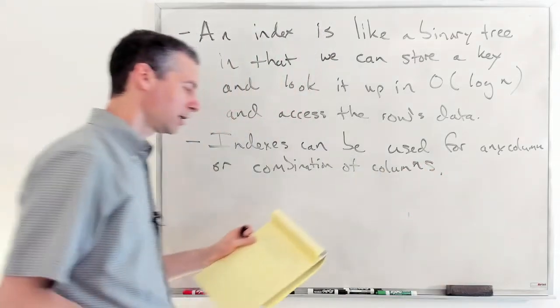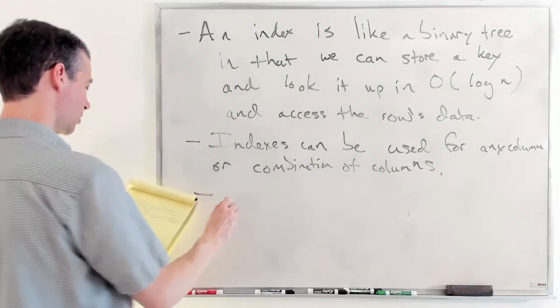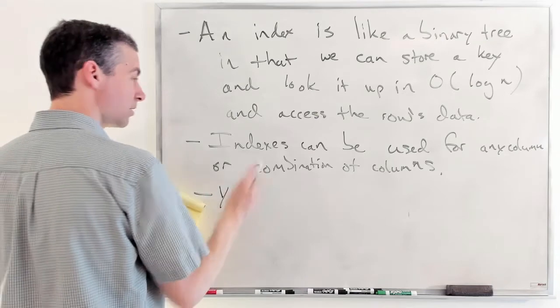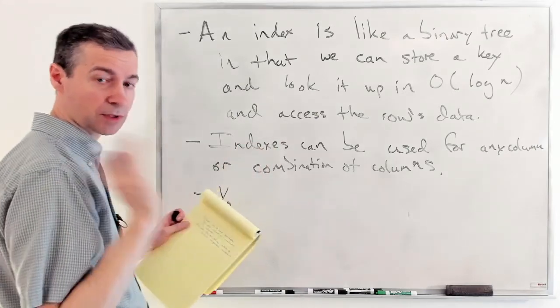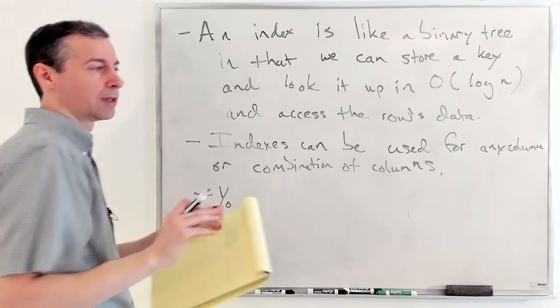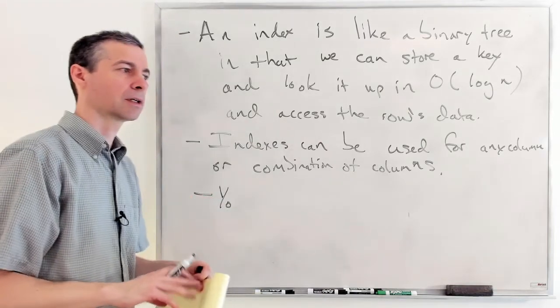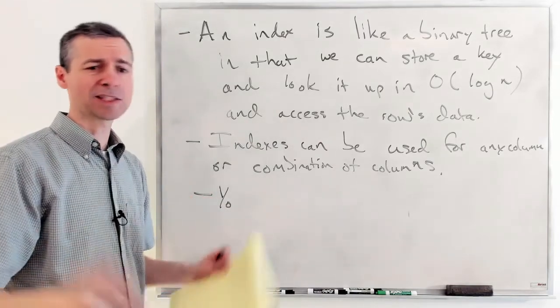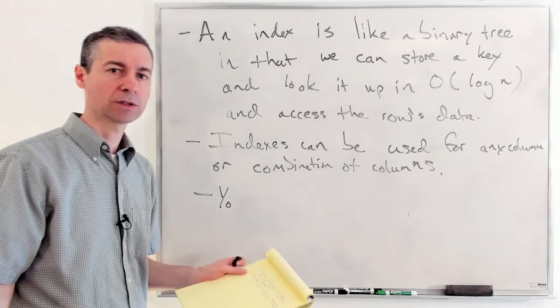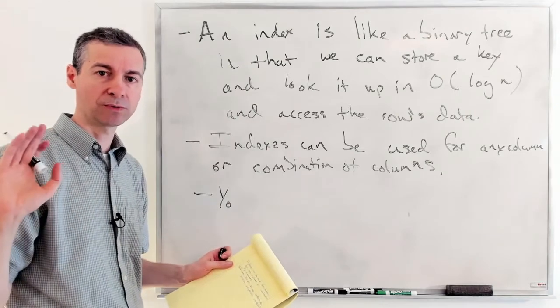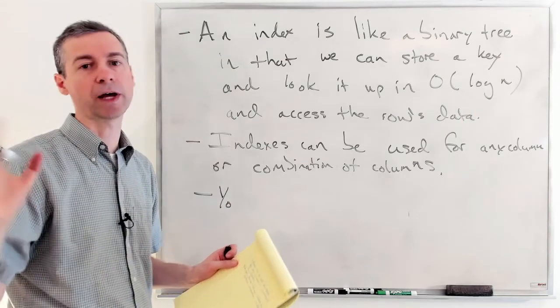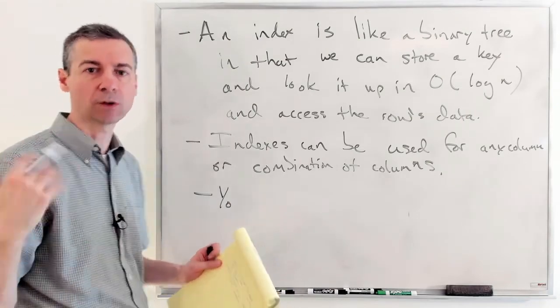And likewise, as I've mentioned before, this does not require that they are unique values. So you might have a column called color, and lots of things could have the color orange. But having an index on that column could help you find much faster all the items with the color orange.